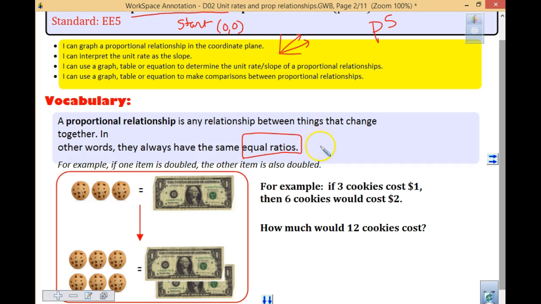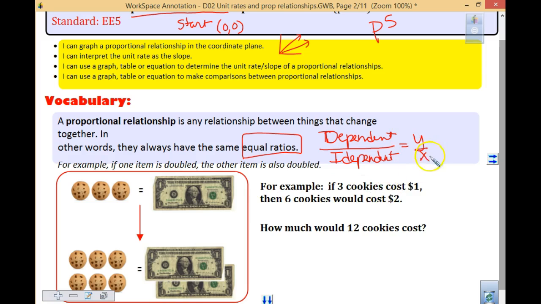Now, equal ratios means that we are comparing, usually, we are almost always going to put our dependent variable, so please write dependent, which is which letter, X or Y? Well, Y is dependent, right? We're usually going to take our dependent and divide it by our independent. Independent is X.